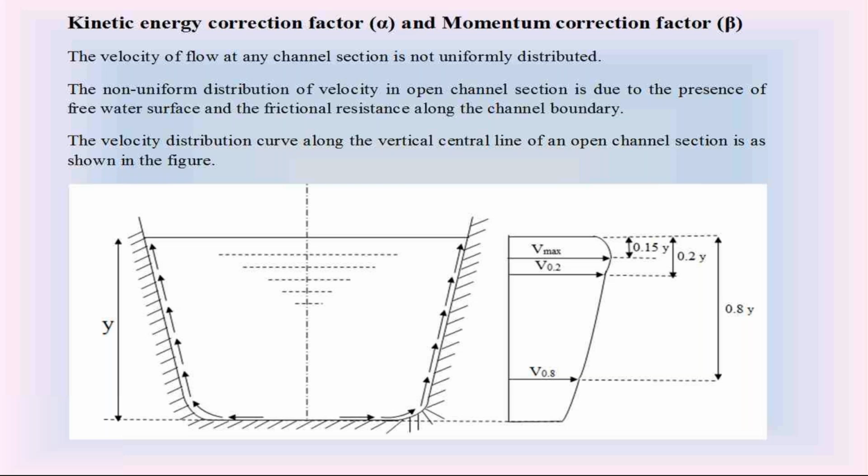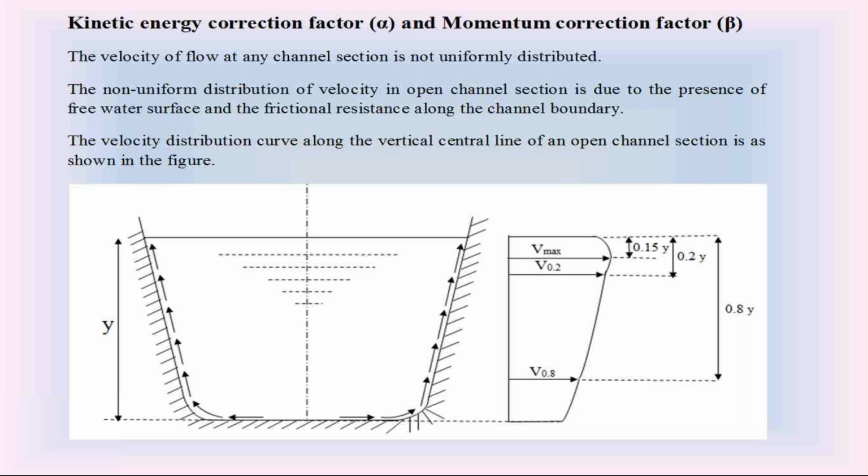Based on research, the values of alpha and beta were calculated. In open channel flow, alpha is from 1.03 to 1.04, and beta is from 1.02 to 1.03.